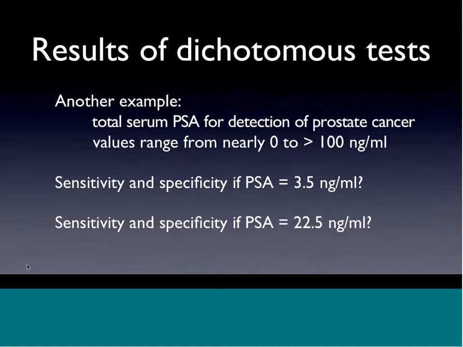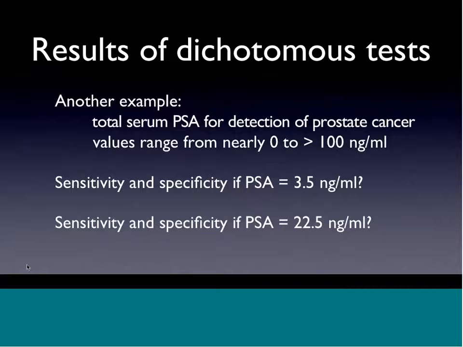So let's look at a different example. Instead of a fracture, let's think of serum PSA for detection of prostate cancer. If you're not familiar with PSA, the values can range from basically 0 to more than 100 nanograms per ml. Someone may ask, okay, what is the sensitivity and specificity if the PSA result is 3.5?